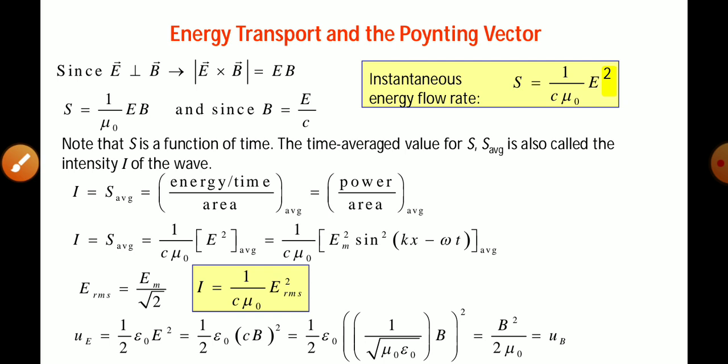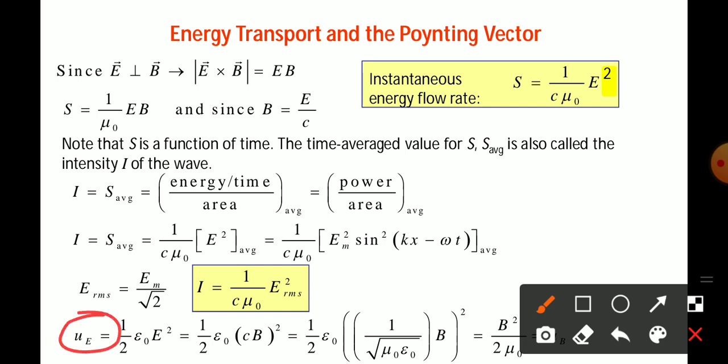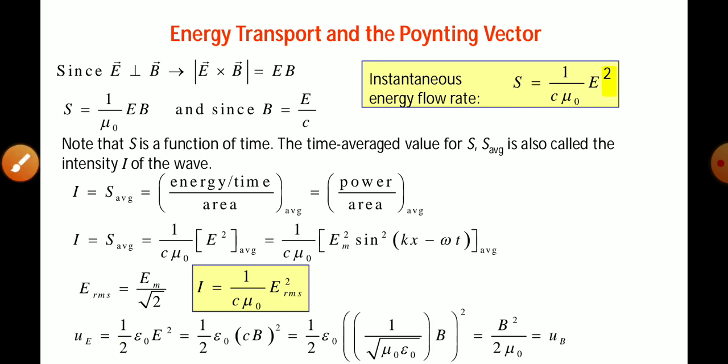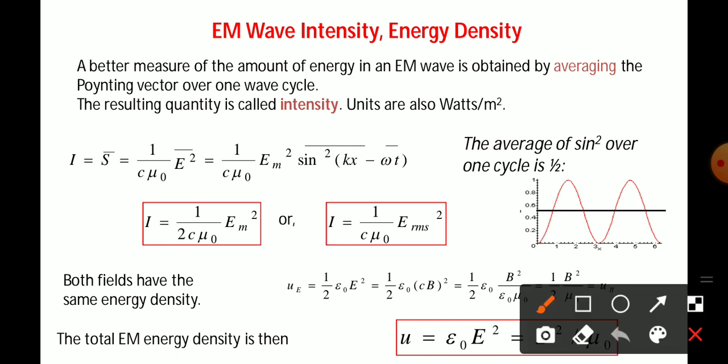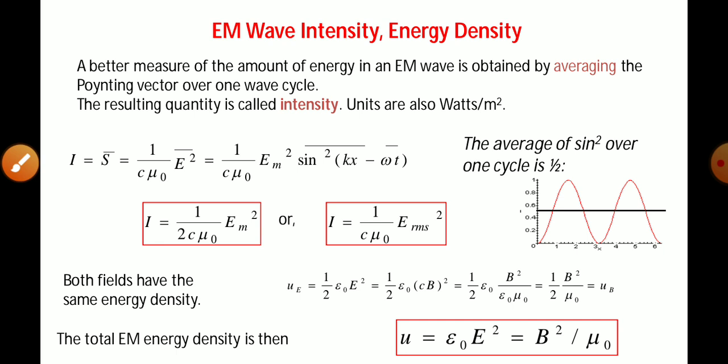Then you can conclude that the value of U of E will be the same as the value of U of B, and the value can be written in this form: U is equal to epsilon 0 E square in terms of the electric field, and in terms of the magnetic field it will be B square by mu 0.